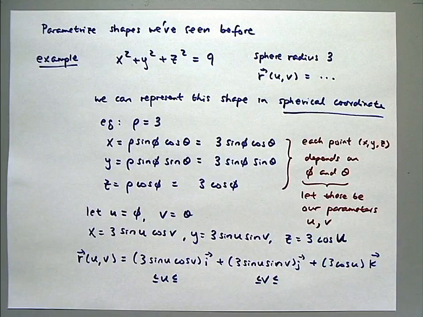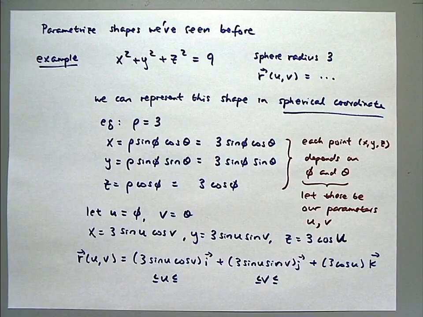We also need to give the bounds of u and v. These are parameters. We often have complete control over them, but very often they have some kind of restrictions on them. So here u is phi. What are the bounds of phi in a standard spherical coordinate system? Phi is the up and down angle.